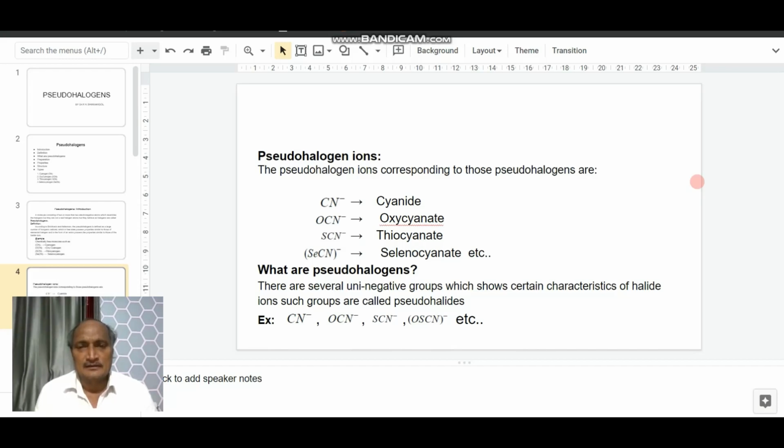Thiocyanogen corresponds to the thiocyanate ion, that is SCN minus. Likewise, SeCN minus, selenocyanate, corresponds to selenocyanogen. So these are the corresponding pseudohalogen ions.